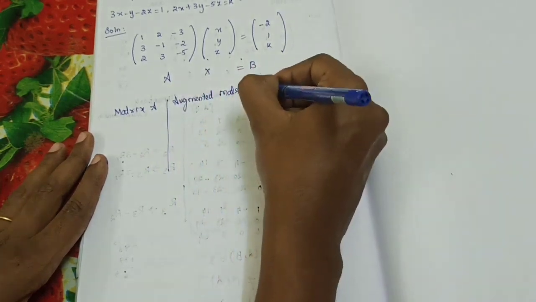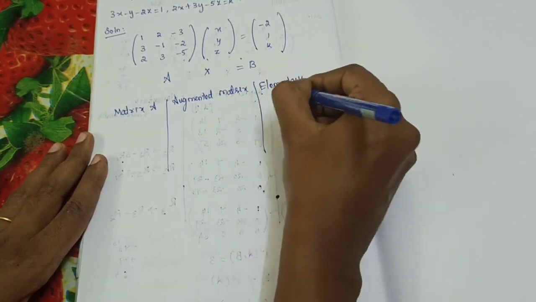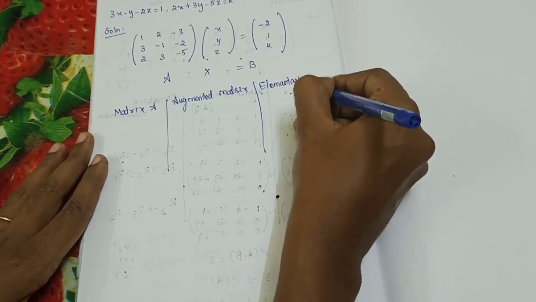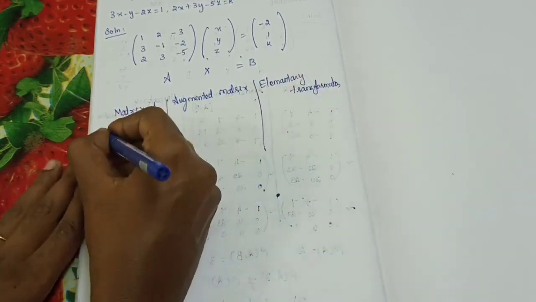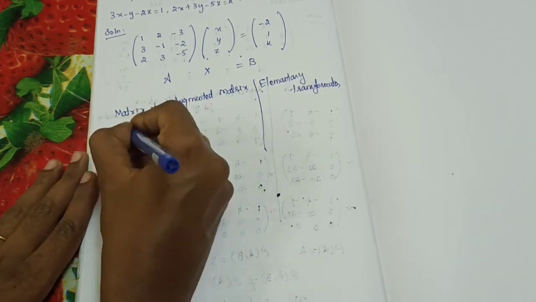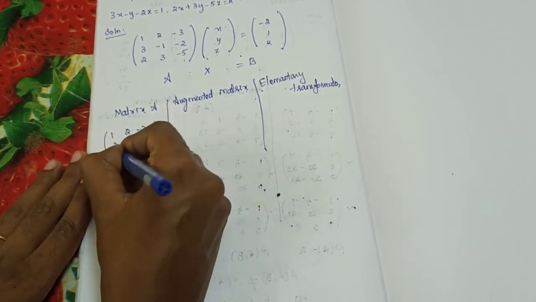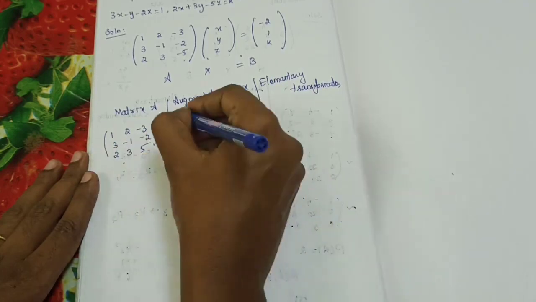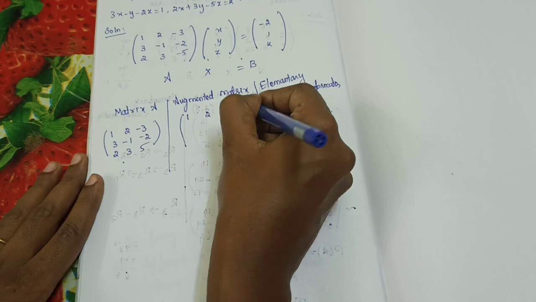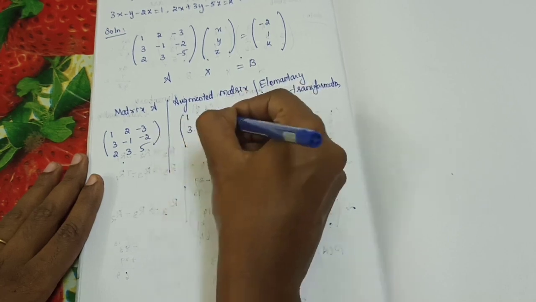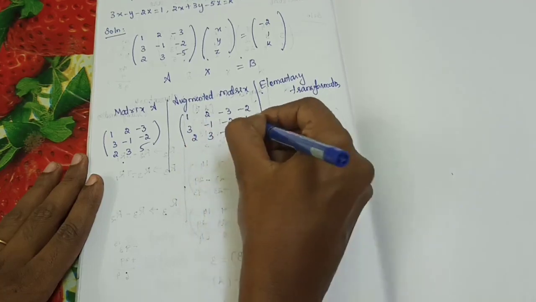Next one is elementary transformation. First I am writing matrix A here: 1, 2, minus 3; 3, minus 1, minus 2; 2, 3, minus 5. Then the augmented matrix: 1, 2, minus 3, minus 2; 3, minus 1, minus 2, 1; 2, 3, minus 5, k.